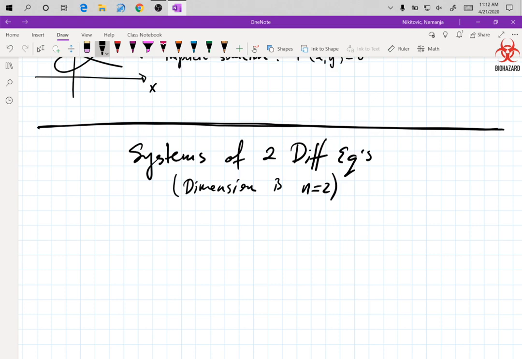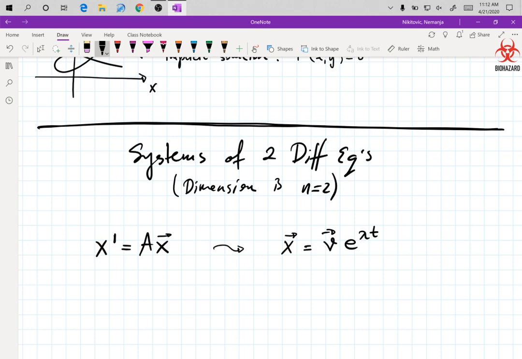So, when you are dealing with systems of dimension 2, we are talking about our good old system x prime equals matrix A of coefficients times x, which was solved by vector x equals vector v times e to the lambda t.